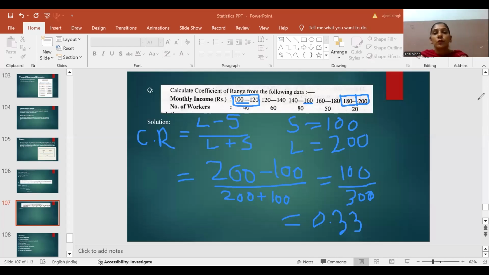In range, we calculate the difference between the highest and the lowest value in a data set. So the difference between the highest and lowest value is determined as range.